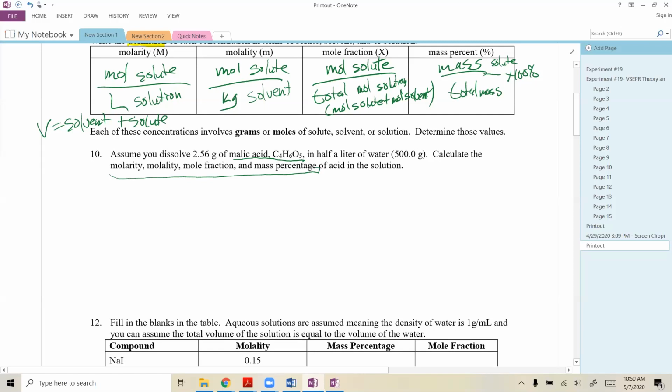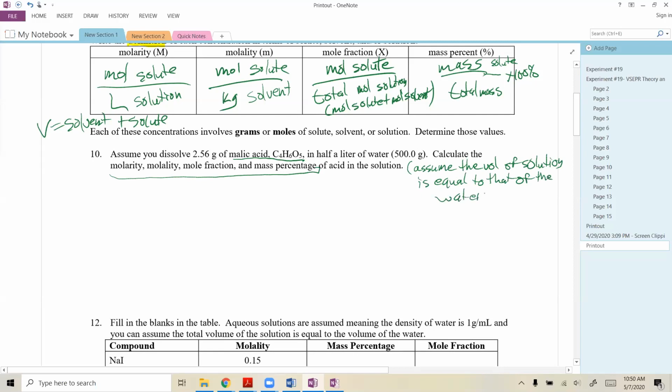Right. Now, in here, I should have added one more clarification to help you out. And that's that you can assume that the volume of the solution is equal to that of the water.